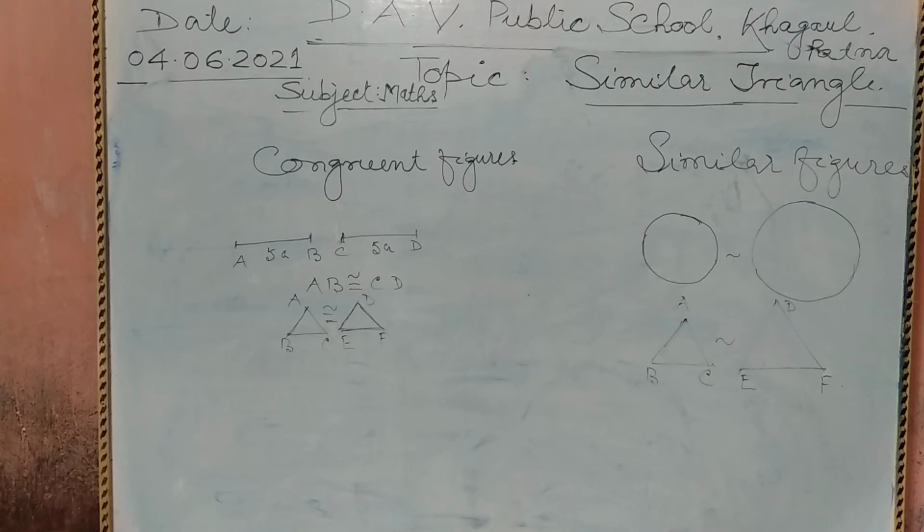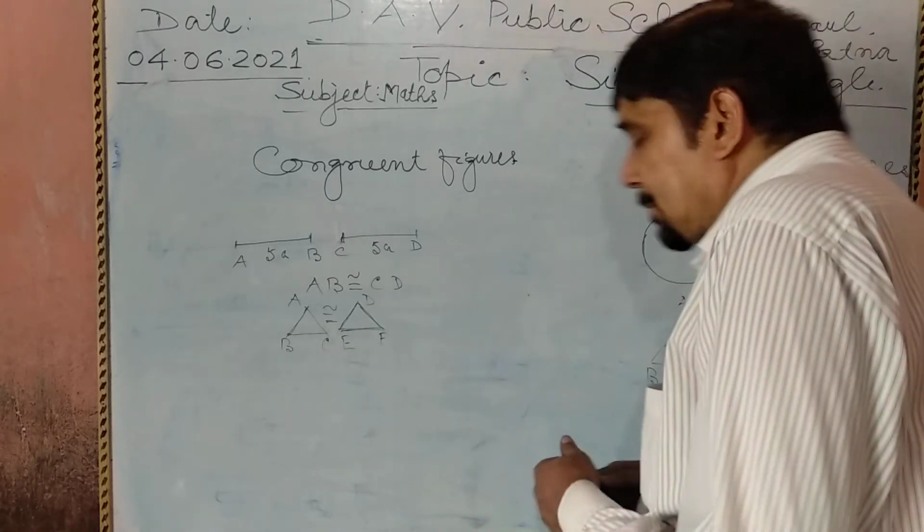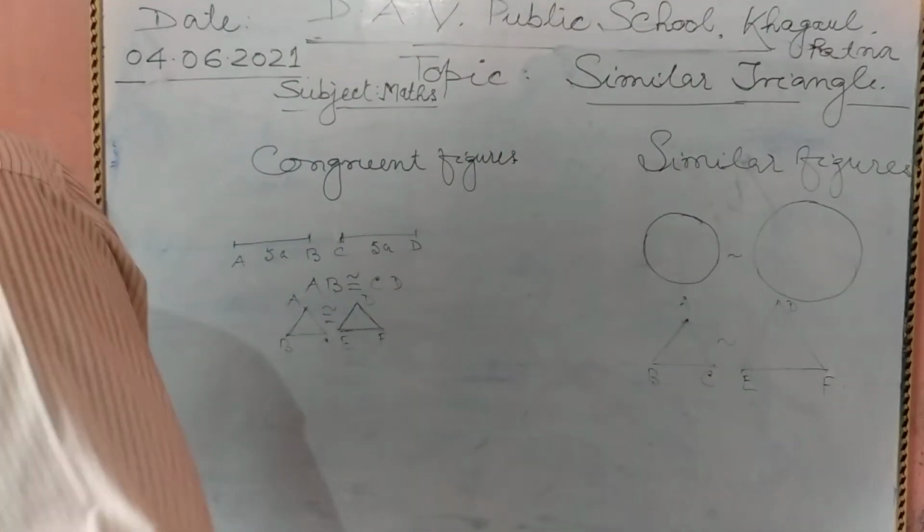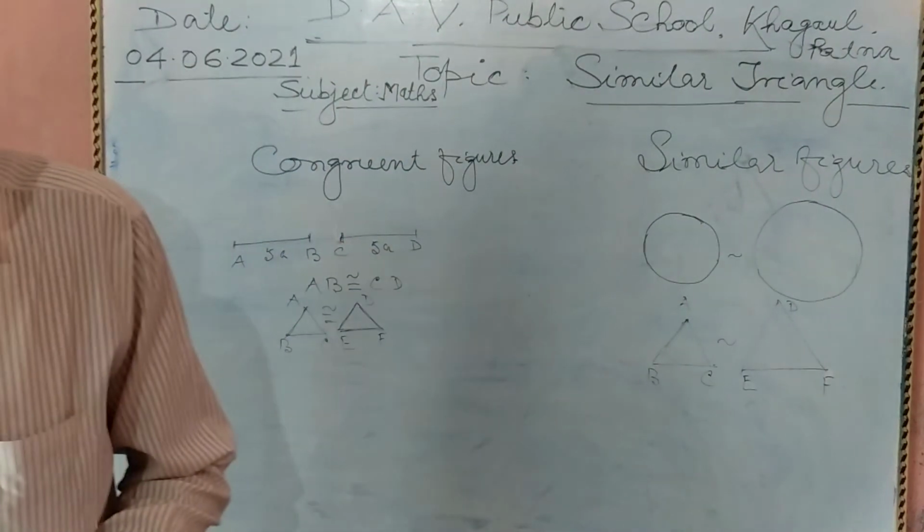Now in this case you can say the shape of both triangles is equal, equilateral triangles, but sizes are different. Sizes means pairs of corresponding sides of two triangles are proportional. Okay, are in the same ratio.